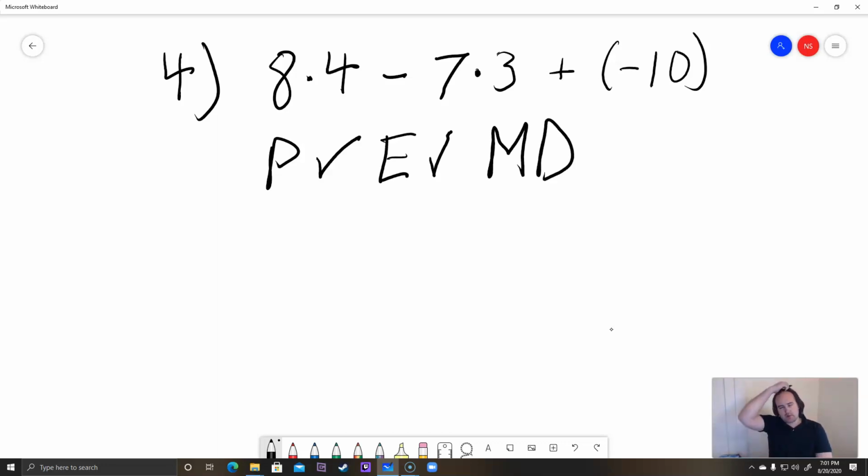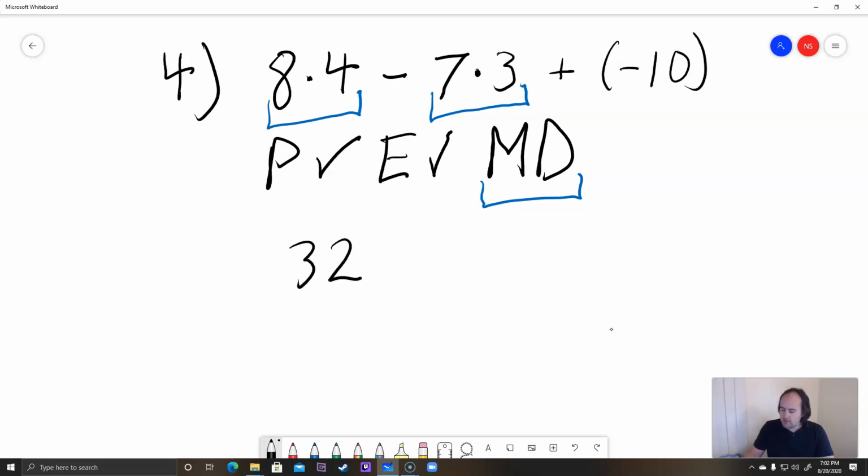So remember, with your multiplication and division, that's supposed to be all in one step from left to right. So in particular here, we actually have 8 times 4 and also 7 times 3. So there's 2 multiplications to do there. So working from left to right, we have 8 times 4 is 32. Okay?